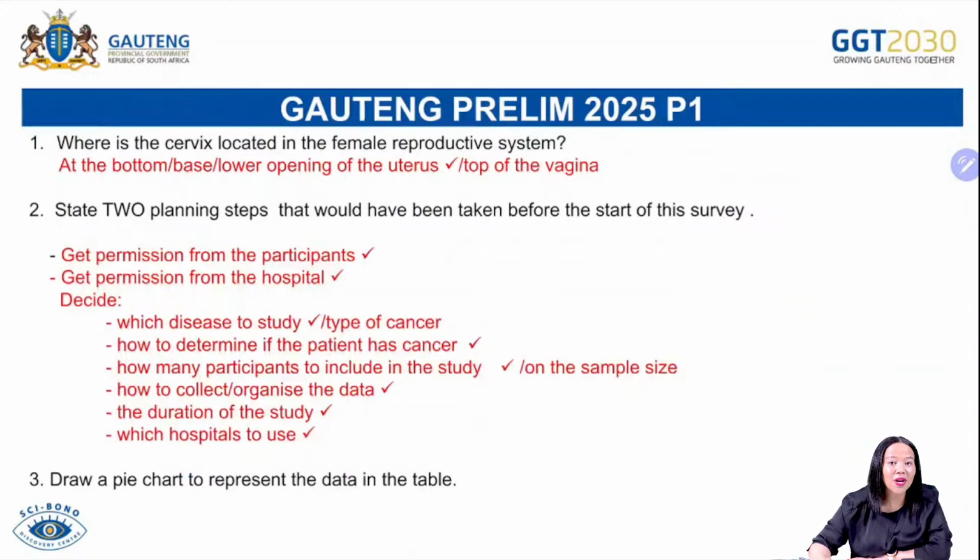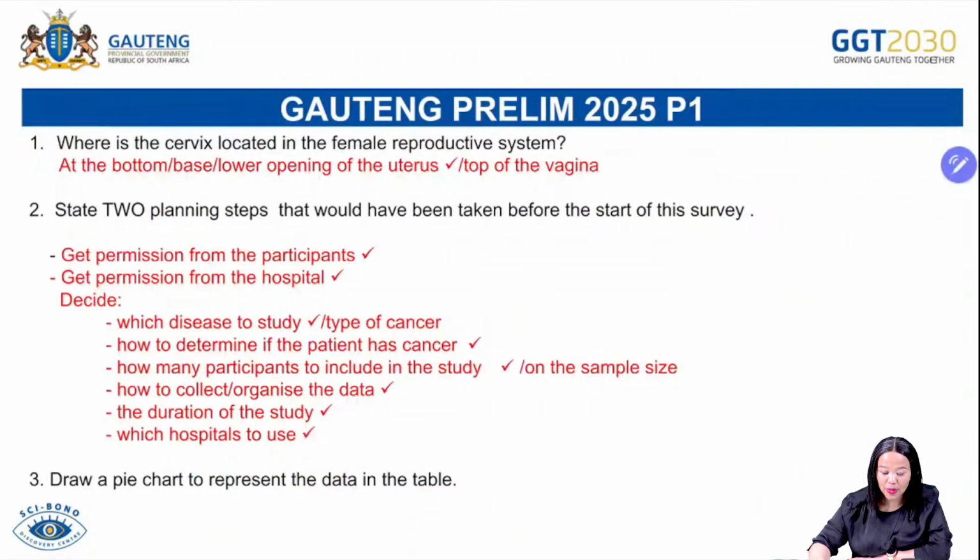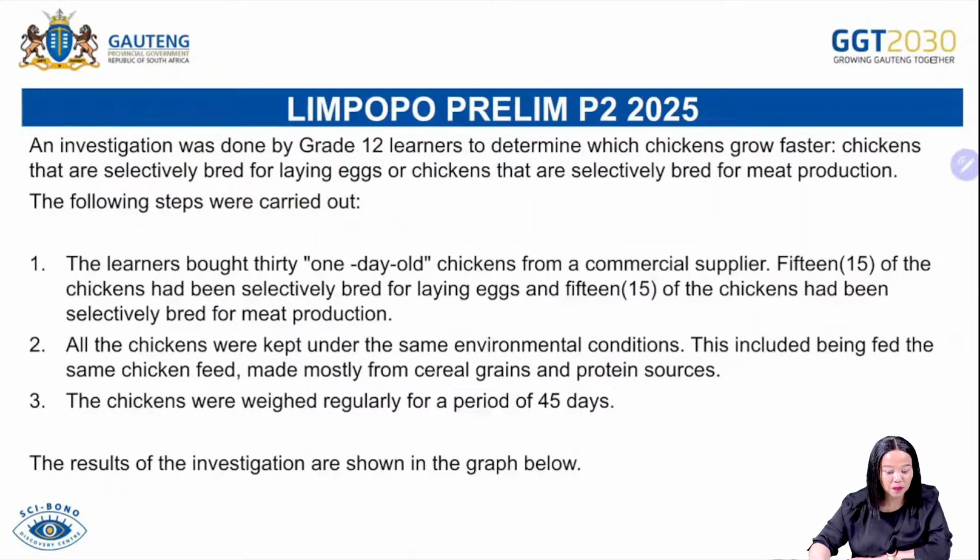What is it that one needs to consider before the start of this investigation? One has to get permission from participants. One has to get permission from the hospital. Remember, if you look at the stem of the question, we were told that they had to review. Let's go back to the stem of the question.